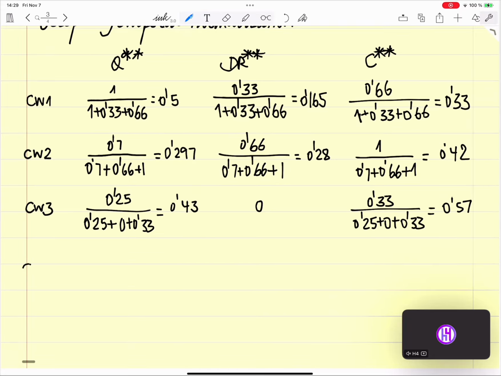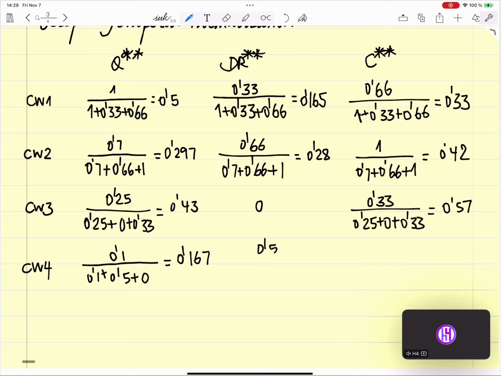For calendar week 4, we have 0.1 divided by 0.1 plus 0.5 plus 0. This yields 0.167.